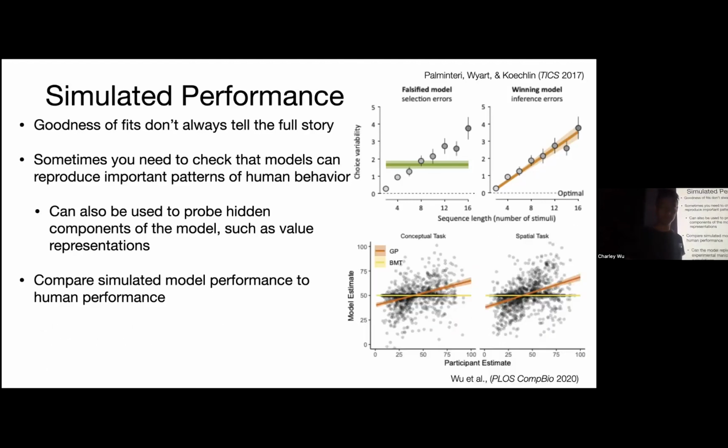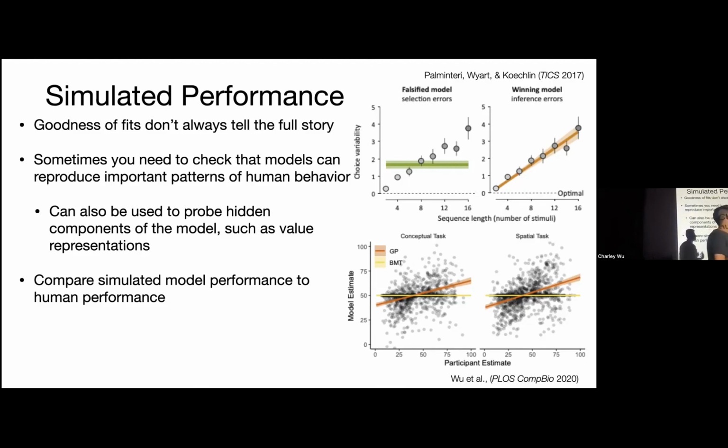I also want to mention we talk about value learning in our reinforcement learning models, and sometimes you also want to validate that people's value representations actually reflect what your reinforcement learning models are learning, right? We have talked about Q values earlier, and how that corresponds to what people actually have. So one way to do this, from a paper of mine, is that we asked participants to make value judgments about stimuli.